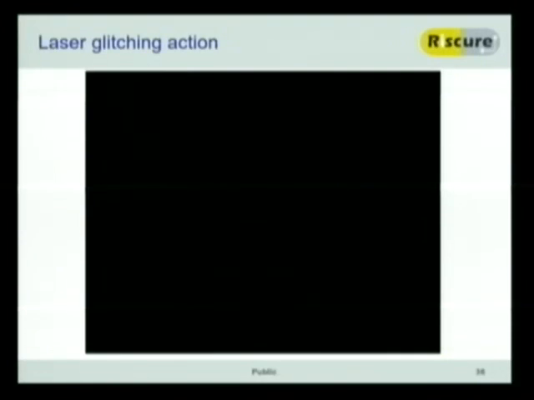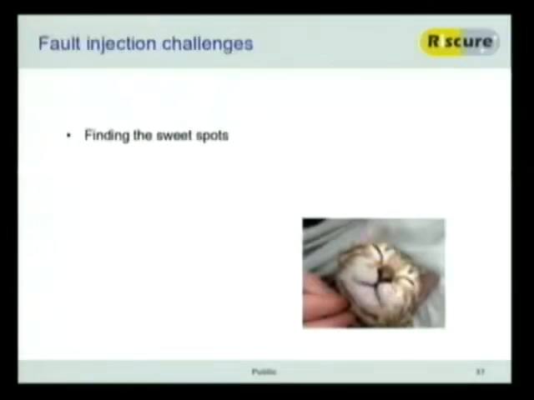But sometimes longer glitches also work. The challenge when you're doing this kind of fault injection is mostly finding that sweet spot in time or location to glitch the right transistor. Nowadays smart cards have a lot of sensors in them as well, so they will sense light or all kinds of glitches and then kill themselves. Obviously you need to avoid those kinds of spots.